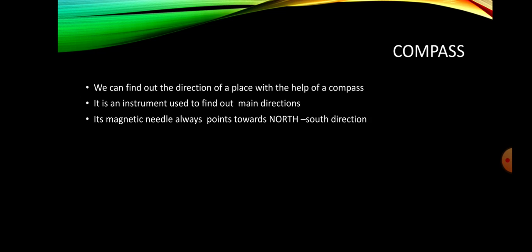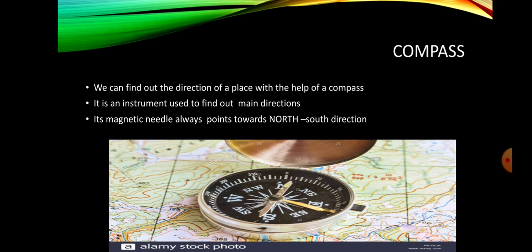In a compass we find a magnetic needle which always points towards the north and south direction, and the north on the top of the map is considered as the north direction, right?